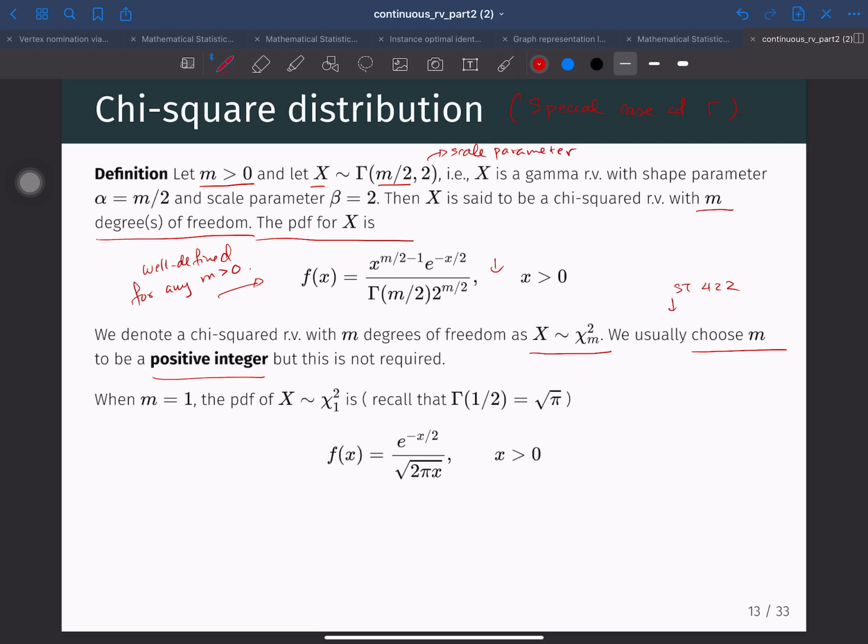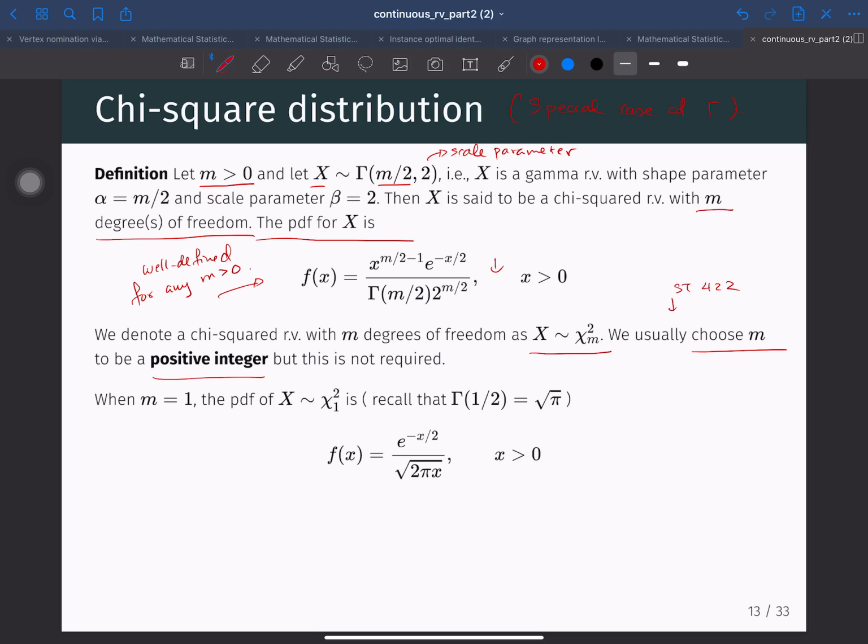See your earlier lecture notes, the earlier slides. So the chi-squared distribution is a very special case of the gamma. It's special in the case that you use the scale parameter equal to 2.